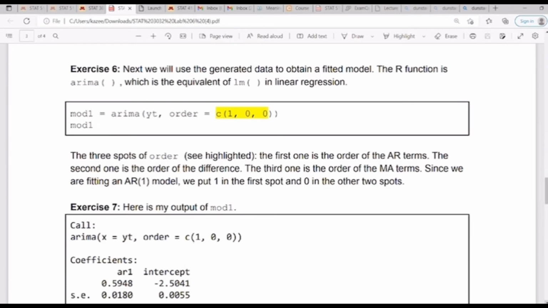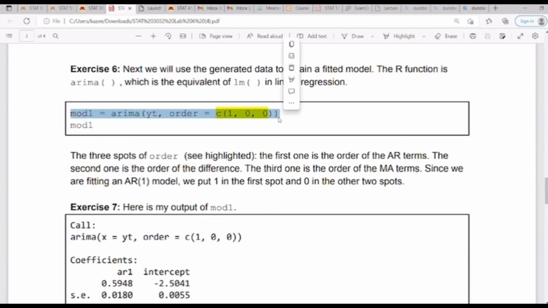How do we fit an autoregressive model of order 1? If I give you an exam, you already have your data set, and I ask you to fit an autoregressive model of order 1, how are you going to do that in R? You're going to use this code that we call ARIMA.